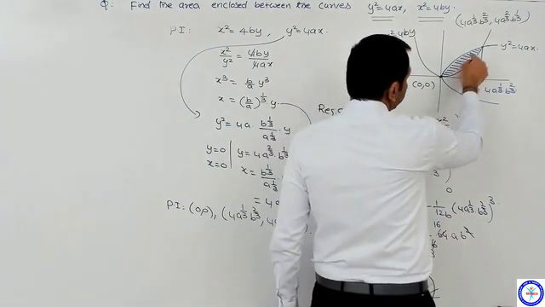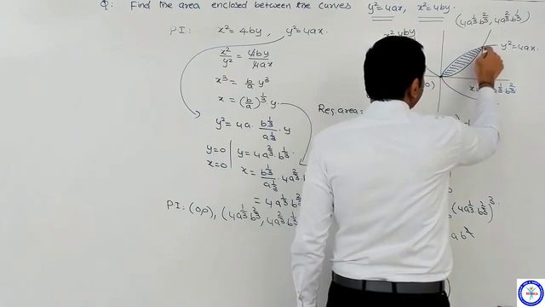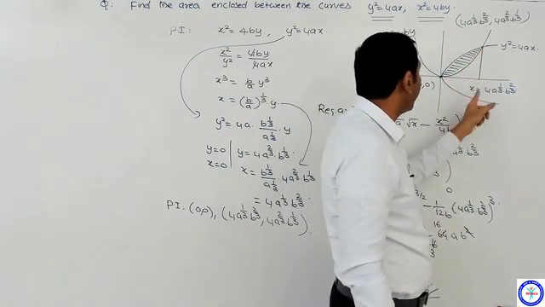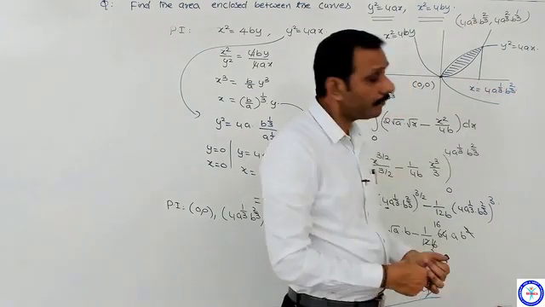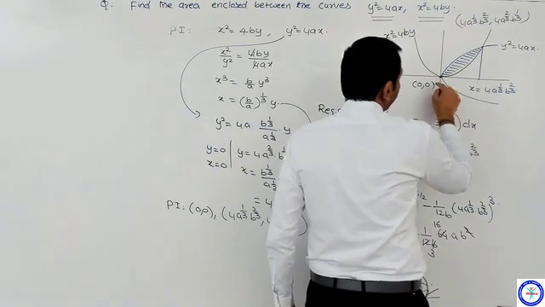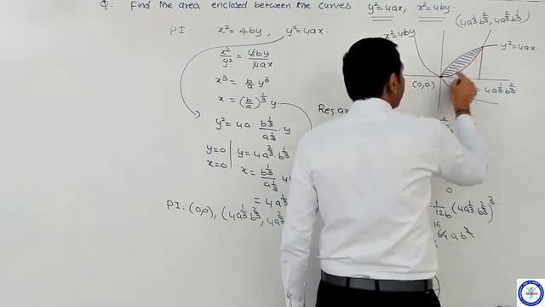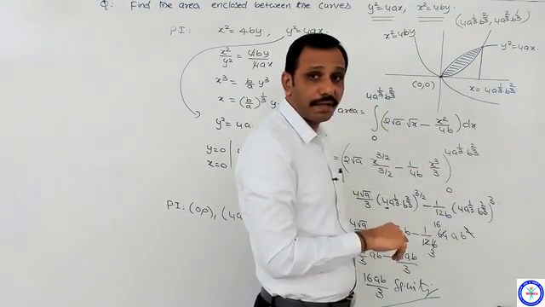Area between the curves means this shaded area. I know this point of intersection and this point of intersection. The x coordinate of this point is 4a^(1/3) b^(2/3). Now this shaded area is x equal to 0 to this limit, upper curve minus lower curve. Or of course, with respect to the y-axis also you can find it, no problem.